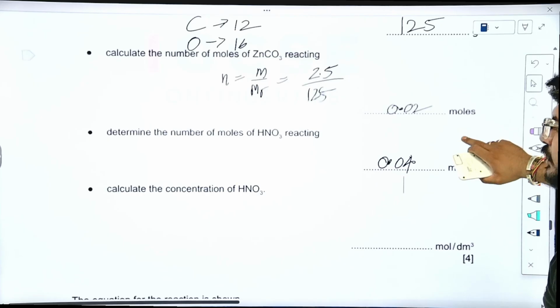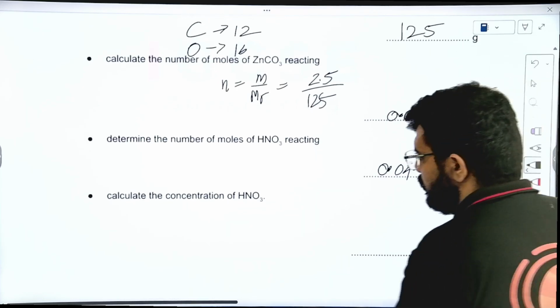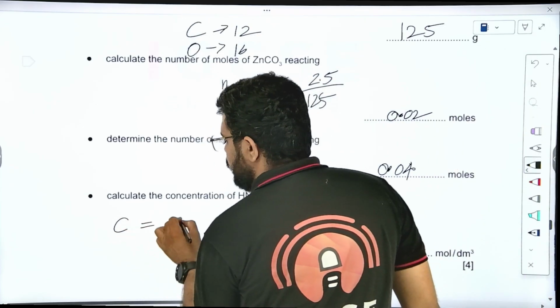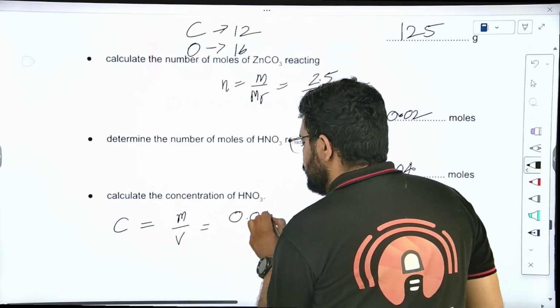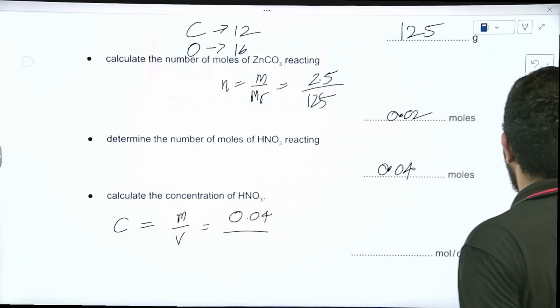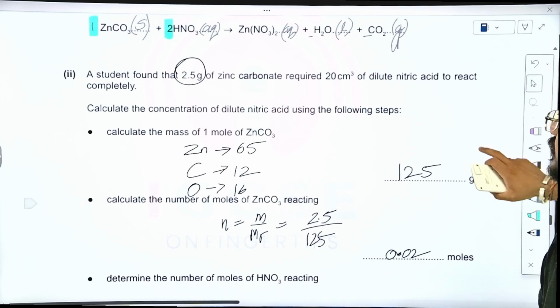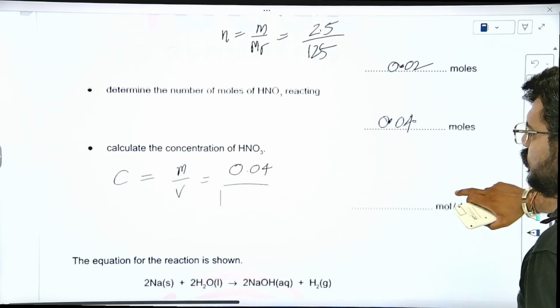Then calculate the concentration of HNO3. I said concentration has the formula mole upon volume. Mole is already known, 0.04. What is the volume? I think they told us that volume was 20 centimeter cube.